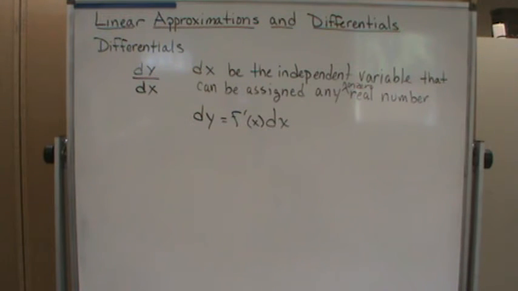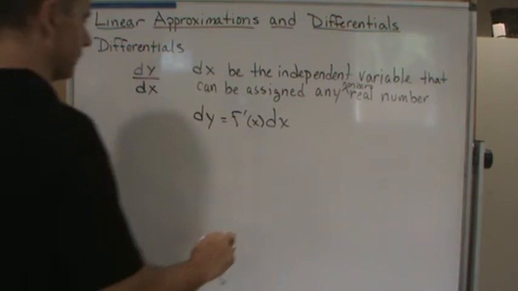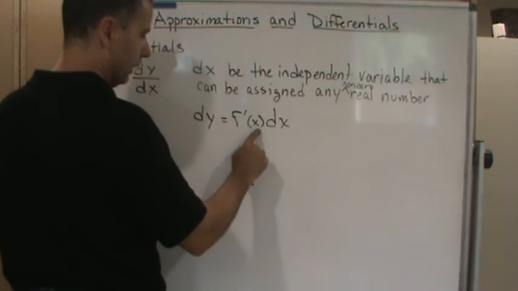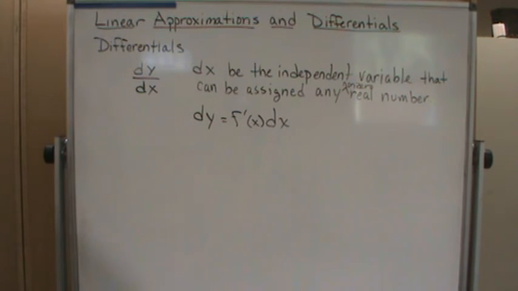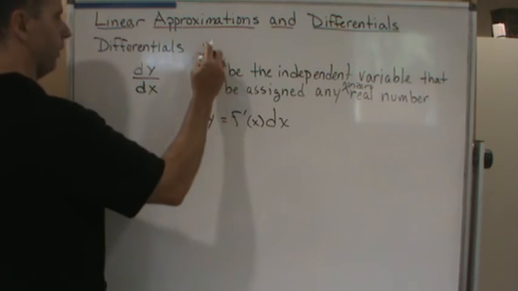It's important to notice that dy is a function of two things, x and dx. And we're also supposing that f of x is a differentiable function, by the way. That's one of the other things we want to assume.